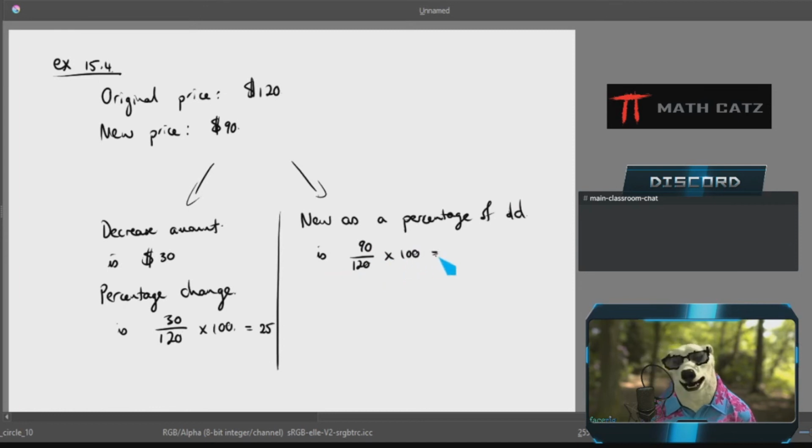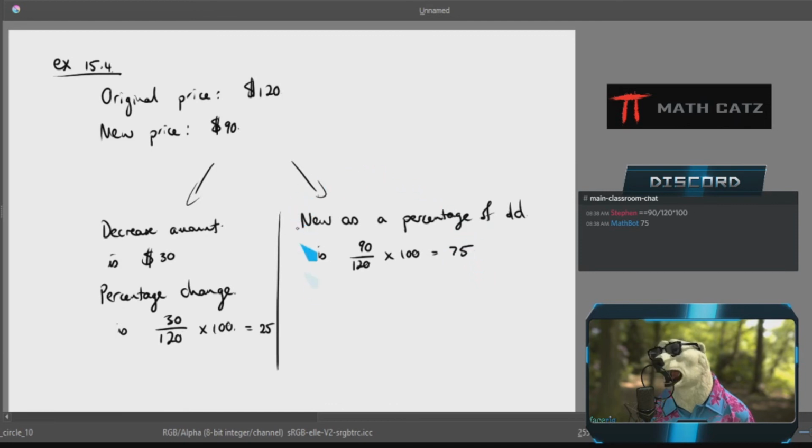Let's see what we get. Let's see, 90 divided by 120 times 100. Nice to see that 75. The difference is now I have to interpret this 75 because this isn't exactly what they're asking for.